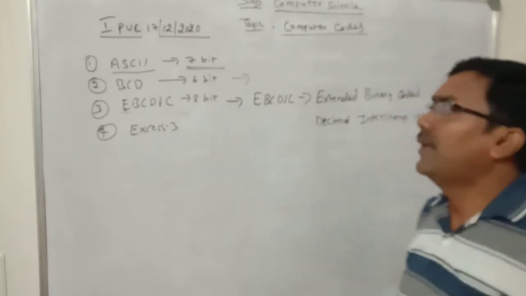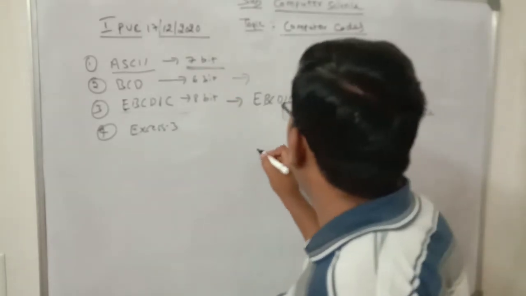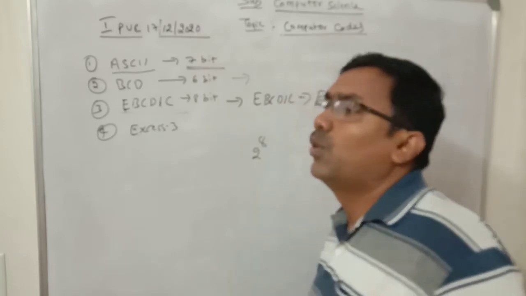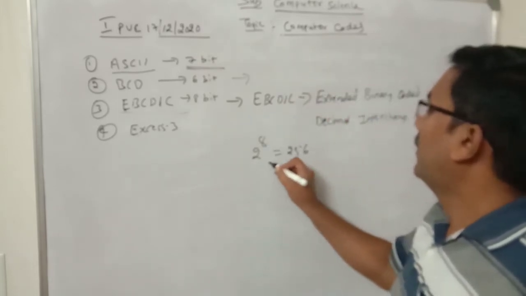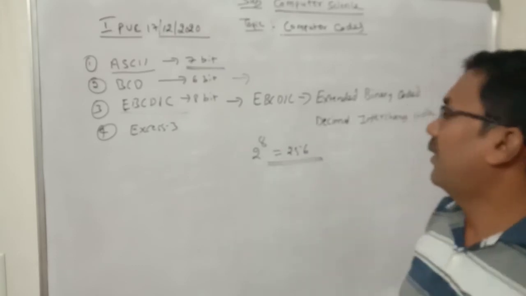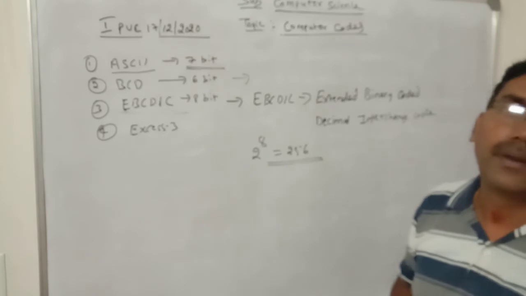Exactly similar to BCD, only here the range of values will be more, obviously. 2 to the power of 8, 256 different values it can store. That is called EBCD code.